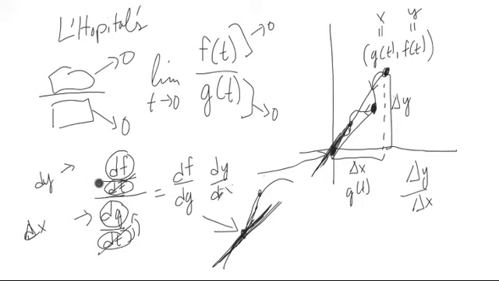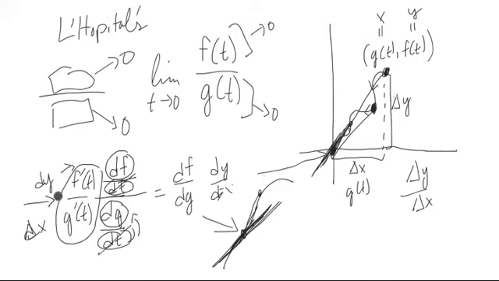So this right here, we can interpret as f prime of t, and down here as g prime of t. So what do we get? We get that the slope of this line is the derivative of f divided by the derivative of g. Notice that we don't take the derivative of the whole thing. We take the derivative of f divided by the derivative of g, and we look at that.